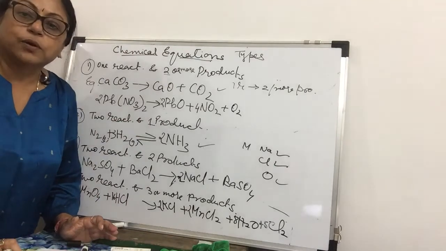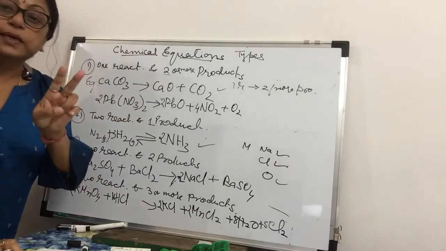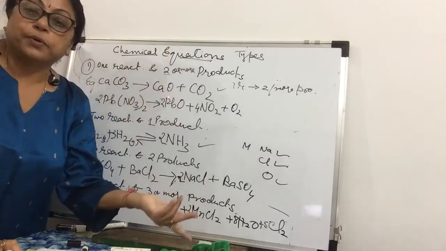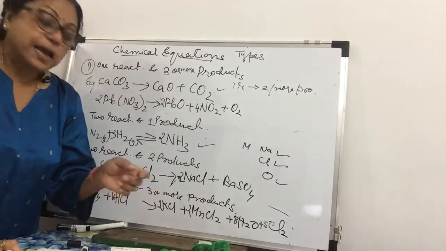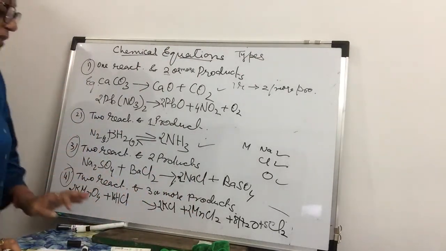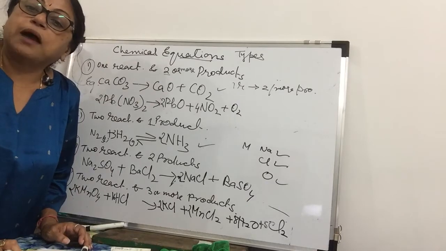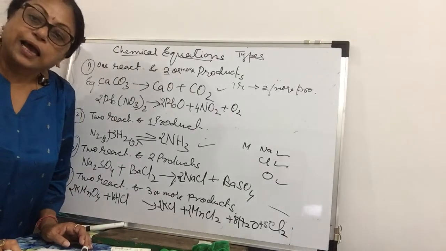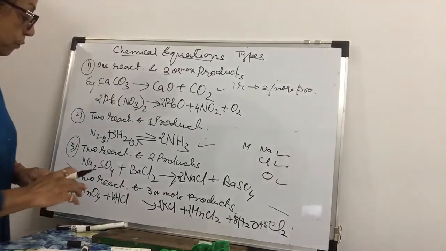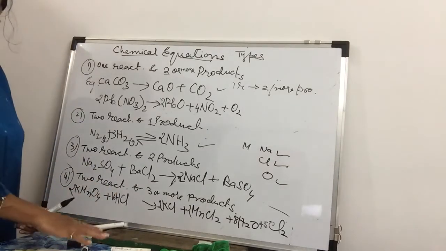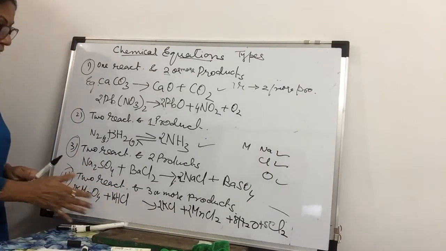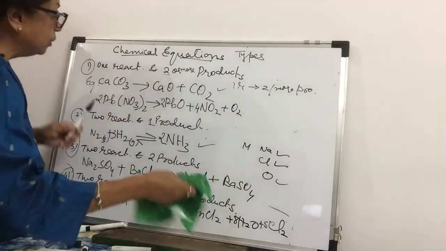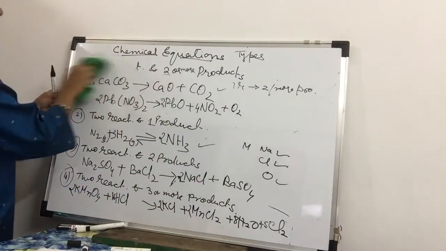This is okay. But when it comes to 2 reactants and 3 products, or 4 products, it becomes very difficult. You have to practice them also along with learning. I think it is a bit in a lower part of the board. I'll do it here.